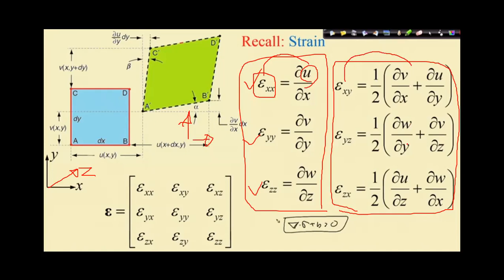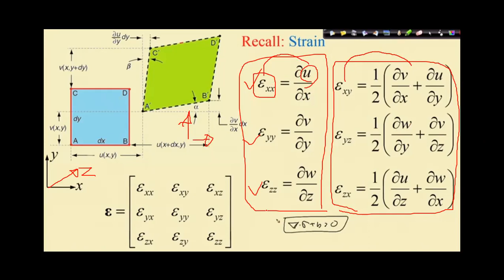So in the end, you have obtained the relationship between strain and displacements, right? That's it. This is telling you that if you differentiate u with respect to x, you will get the strain in the normal direction of x, right?